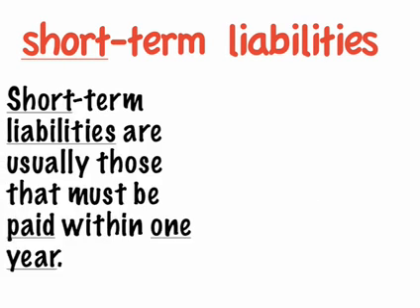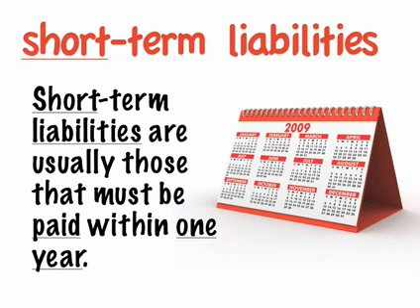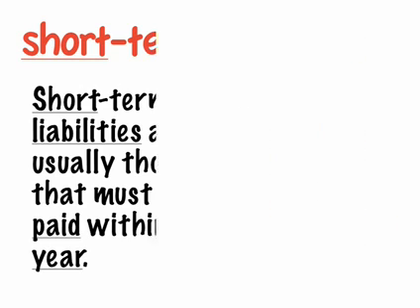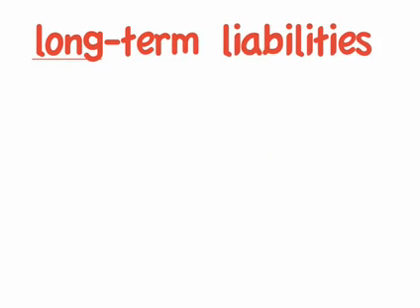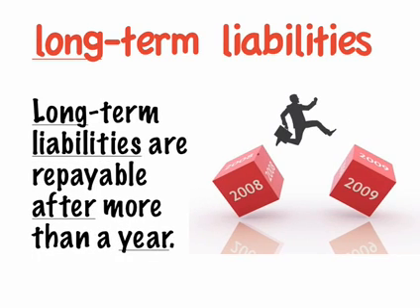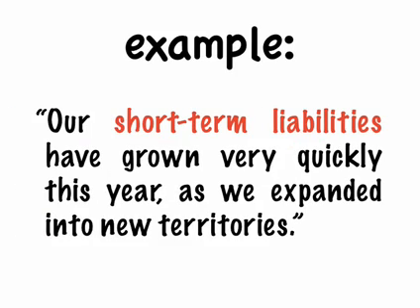Short-term liabilities are usually those that must be paid within 1 year, while long-term liabilities are repayable after more than a year. Our short-term liabilities have grown very quickly this year as we expanded into new territories.